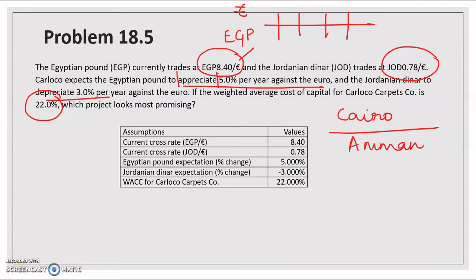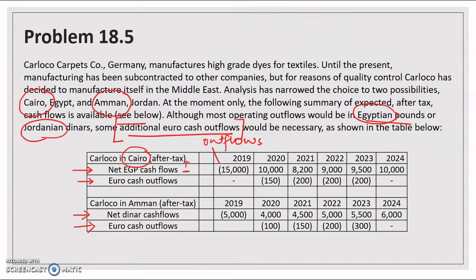Now, what's important to note is the number of years have not been mentioned directly. However, it has been implied in this timeline given. So there's going to be a year 0, 1, 2, 3, 4, and 5. So the project expects to be running until 5 years.